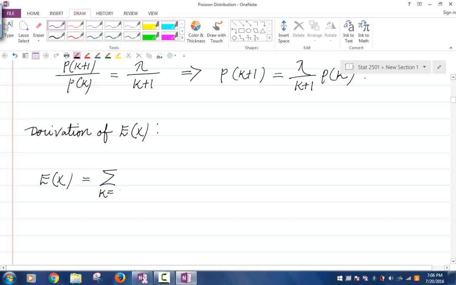We know that the values of x are the non-negative integers, so k going from 0 to infinity, k times P(k), and we now plug in what P(k) is. P(k) is e to the minus lambda, lambda to the k, over k factorial.